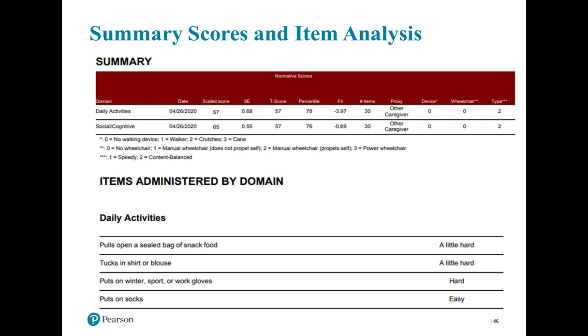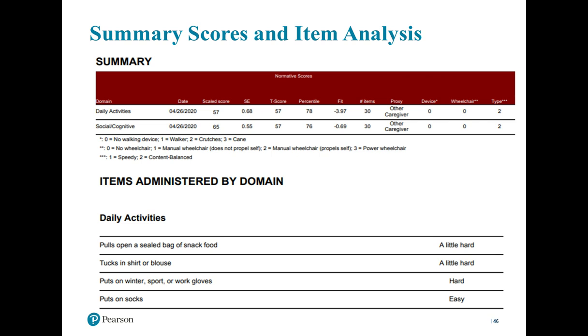And then a summary of scores. So in this case, we were looking at the daily activities domain and the social cognitive domains only. The scores included here are the T-scores and percentiles, the FIT score.